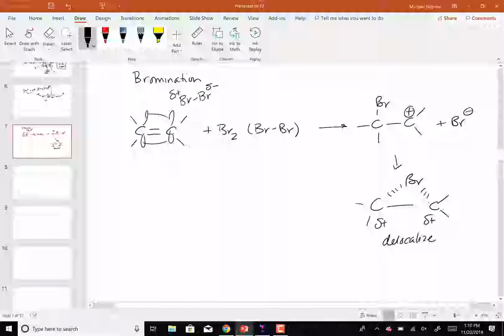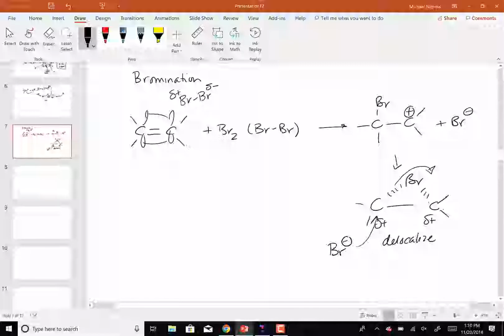So now I'm sitting with the Br minus, and the Br minus has to add to the carbon. But when the Br minus adds to the carbon, it has to add from underneath that three-membered ring. It cannot add from the top. So the Br minus adds underneath, and then the bromine removes its partial bond and goes to bond to the other carbon.